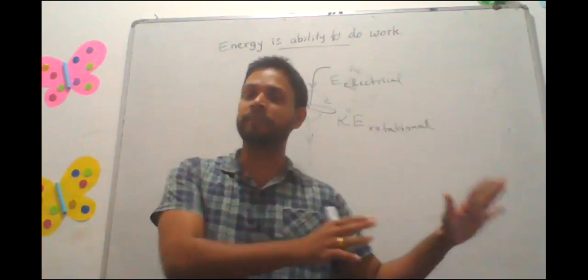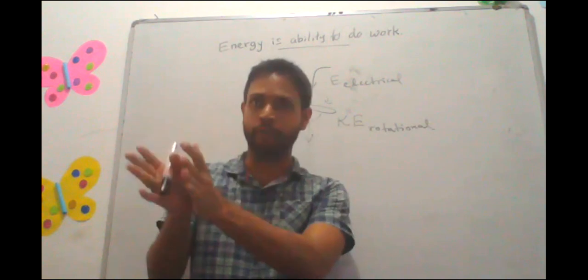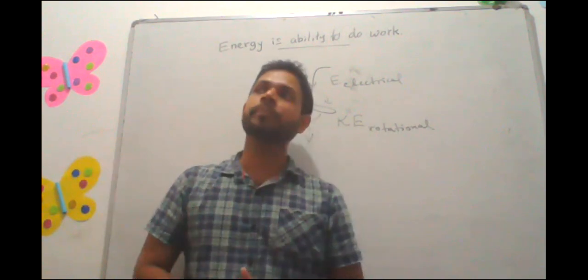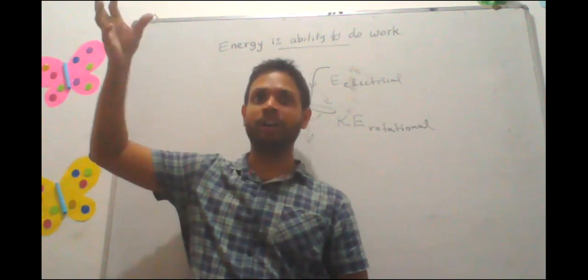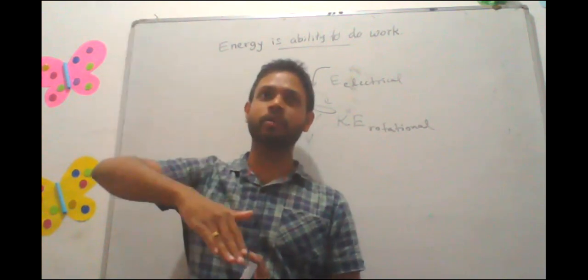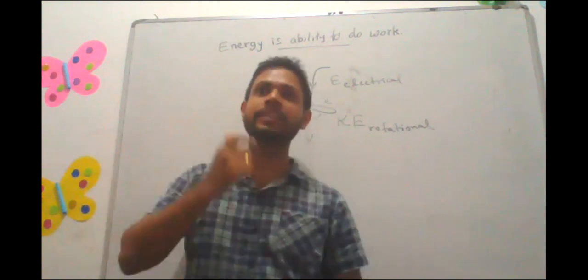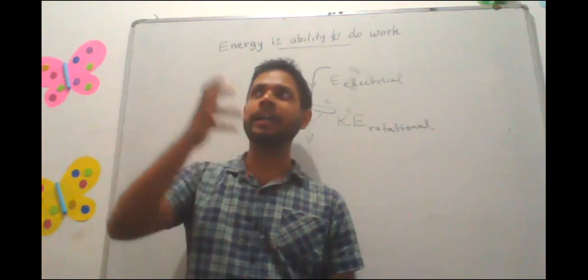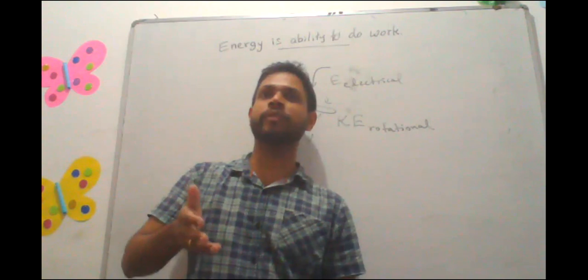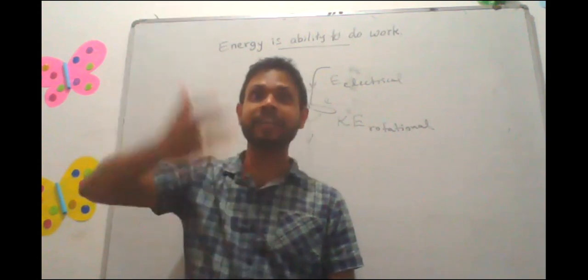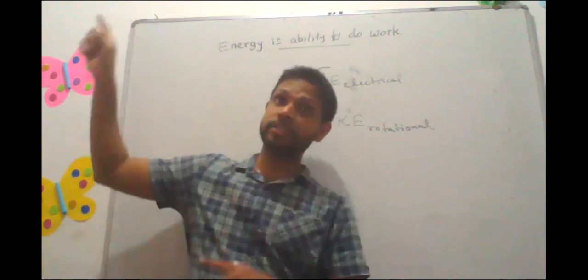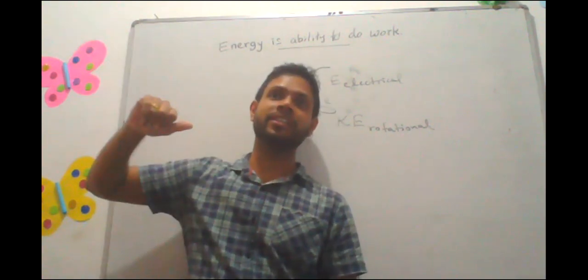I'll keep fossil fuel aside and take hydropower to make this simple. So it is the gravitational potential energy of water being transferred into kinetic energy and turning the turbine. You can understand there is an energy transaction there as well. So what we use here as kinetic energy of the wind is originally gravitational potential energy.